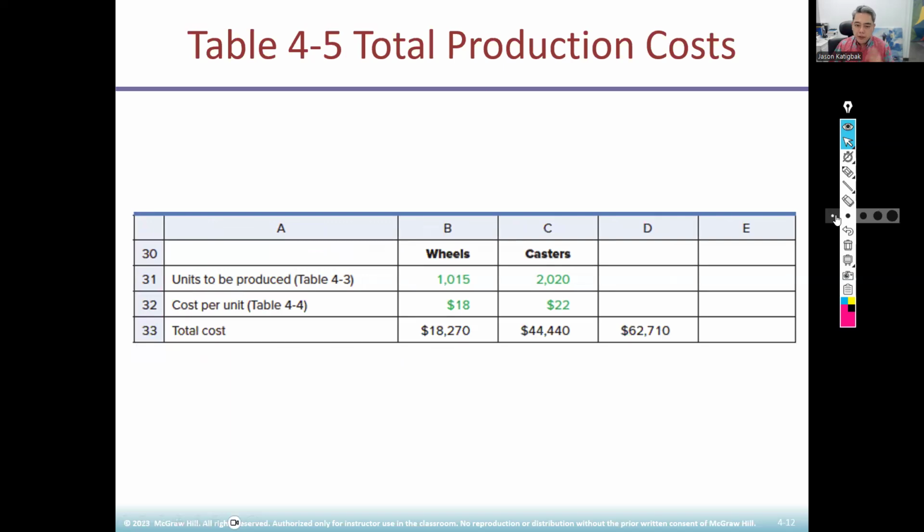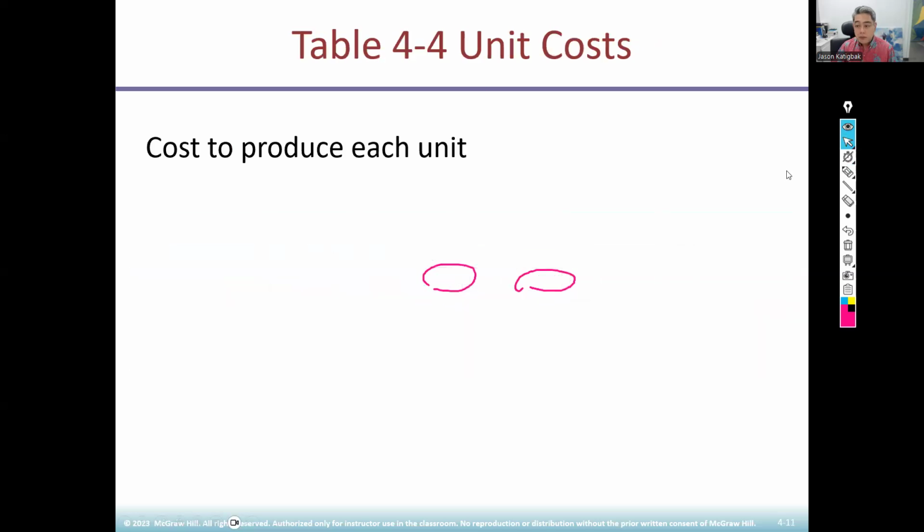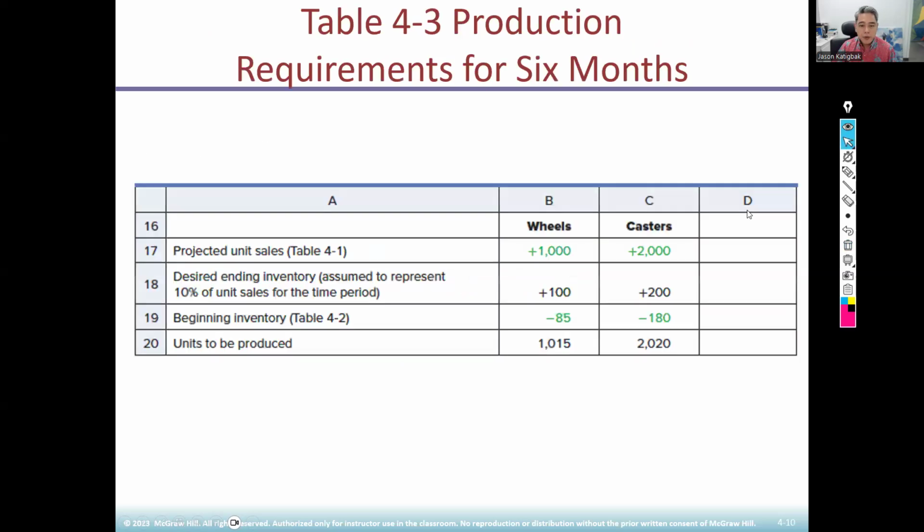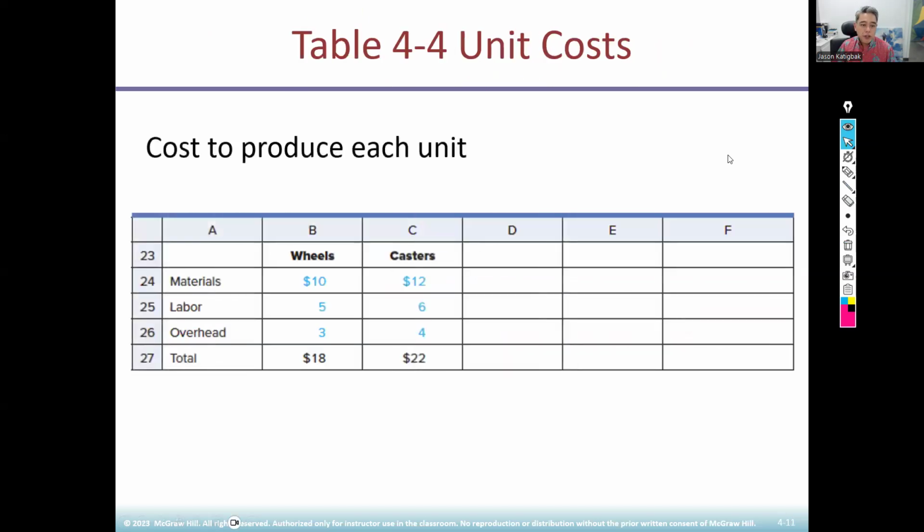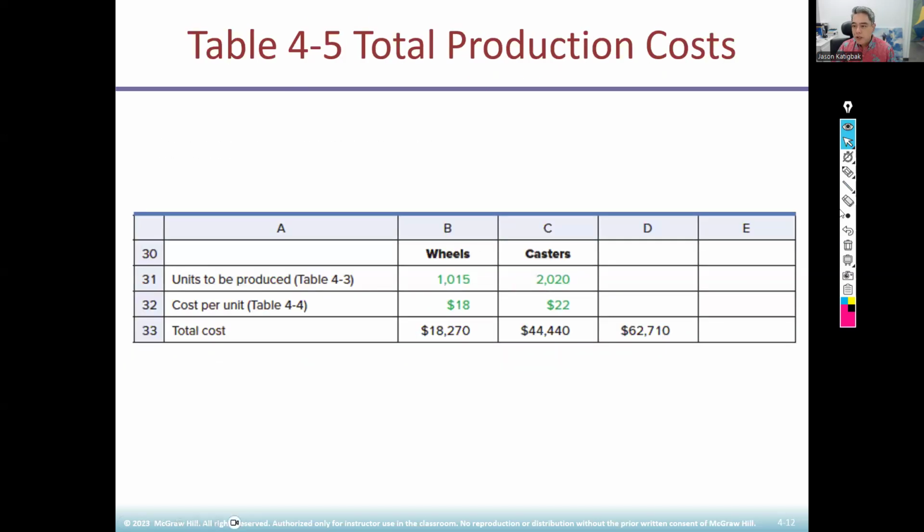Now, when you think about it, so where is this coming from? This 1015 and 2020 comes from our item up here, which is actually the units to be produced. The only thing that we're doing right now is multiplying it with the unit cost to get the dollar amount, not just the quantity, but now the dollar amount.